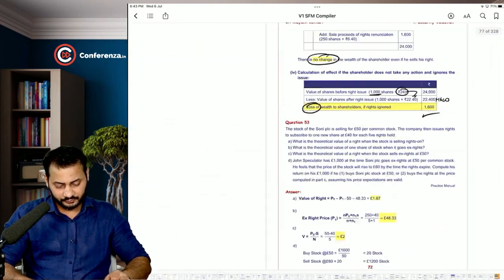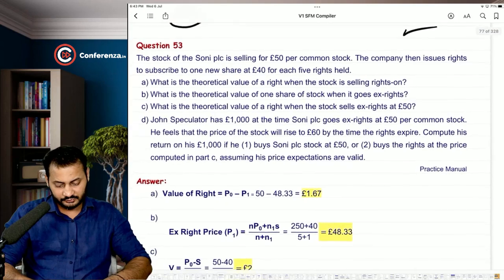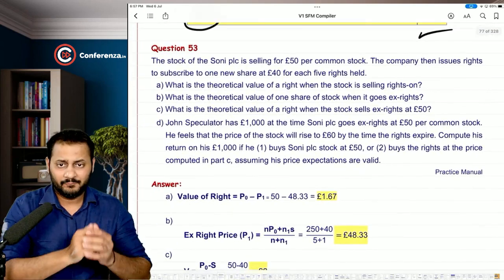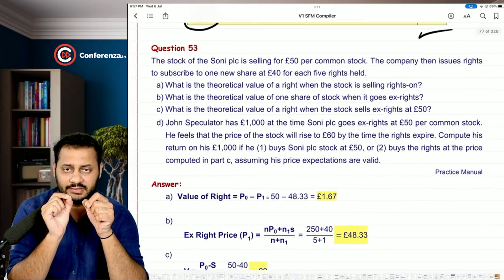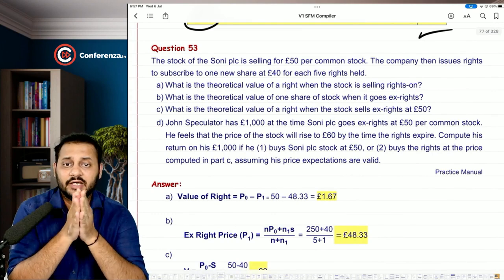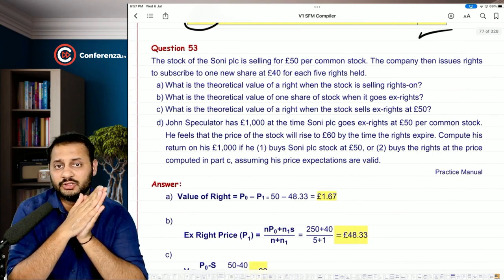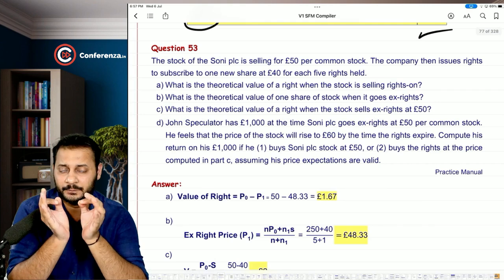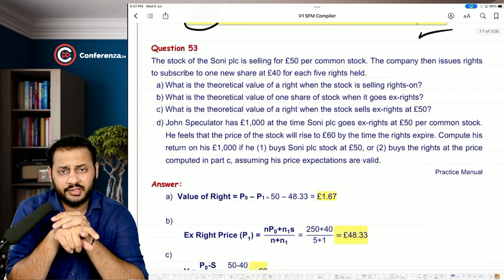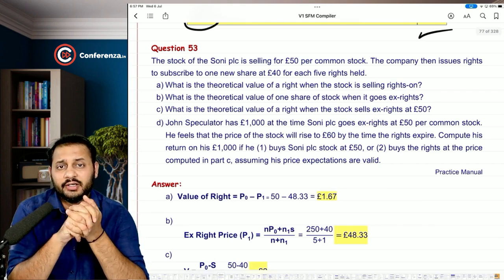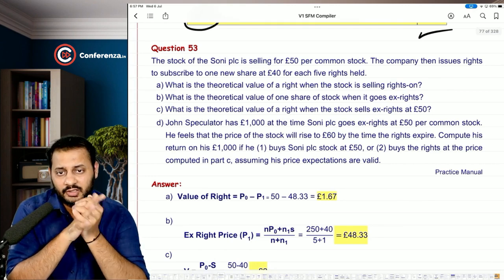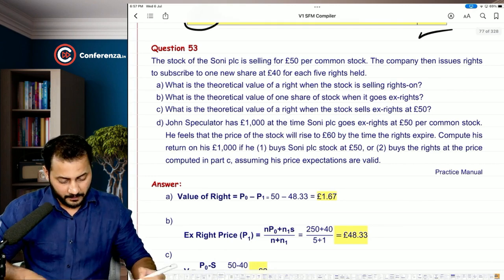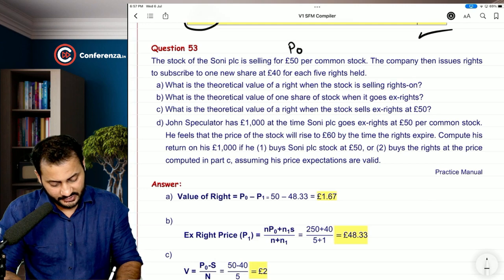Question number 53. Okay, have a look. The stock of Sony PLC, a company selling at £50 per common stock. The symbol is of pound, the UK currency. So right now the stock is selling at £50. Let's mark it as P0.